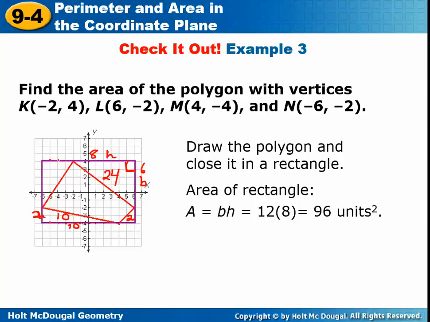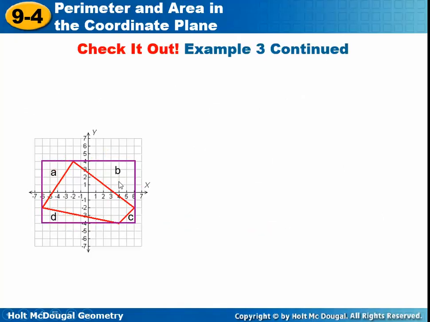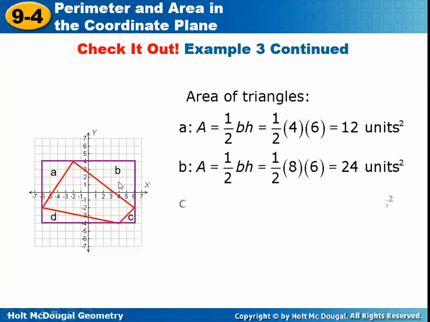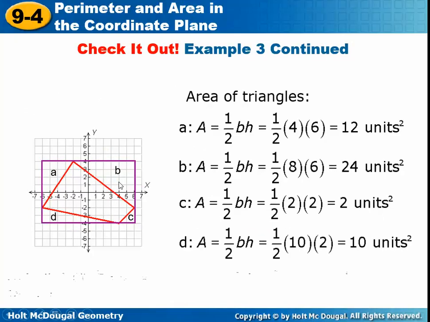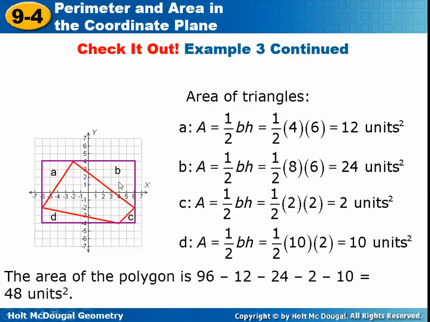And then this one has 1, 2, 3, 4 by 2, 3, 4, 5, 6. So this one has an area of 12. So if we add all these, so we're going to take 96 minus all of those. Or you could add them up and subtract from 96. And you get 48 units left.